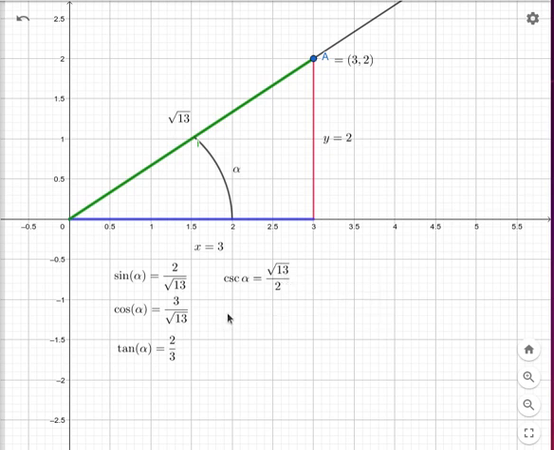Now that's enough information for you to finish this problem. The secant of alpha is the hypotenuse over the adjacent, which would be the square root of 13 over 3, and the cotangent would be 3 over 2.